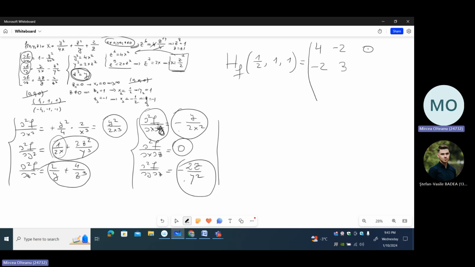Here we have minus 2 over 1, so here is minus 2. Here is 0. Here is minus 2. And the last one, which is this one, it's 2 plus 4. Seems to be 6. Please check carefully if you have the same matrix.